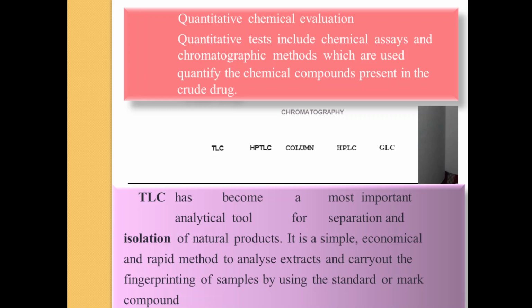After saturation, the TLC plate is placed in the mobile phase and the mobile phase is allowed to run over the stationary phase. Those compounds which have lower affinity towards the stationary phase and lower adsorption will move faster, whereas those having higher affinity for adsorption on the stationary phase will move slower.